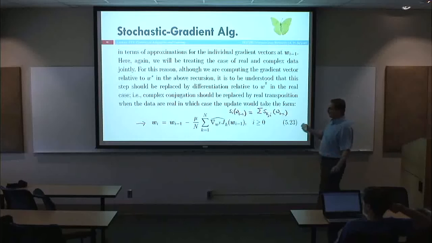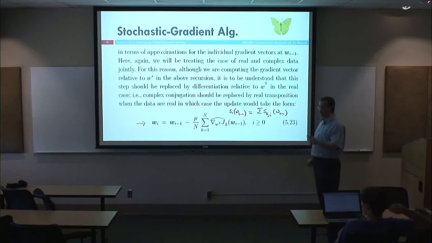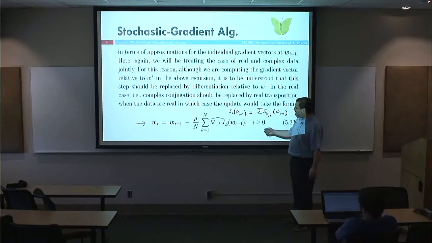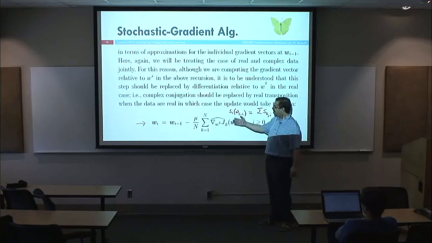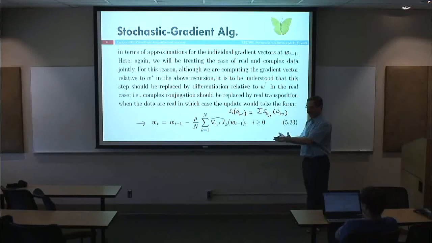So I can deduce the performance of this algorithm from results I had before on the single agent stochastic gradient algorithm, right? If I can find what the Hessian of the global cost is in terms of the individual Hessians, that's easy. The Hessian of the global cost is the sum of the individual Hessians.